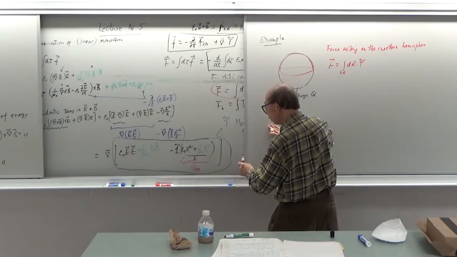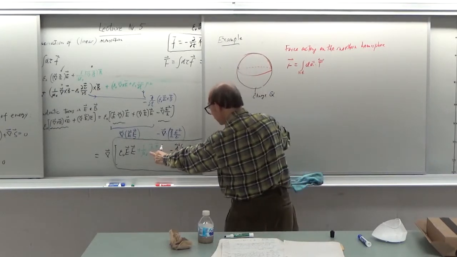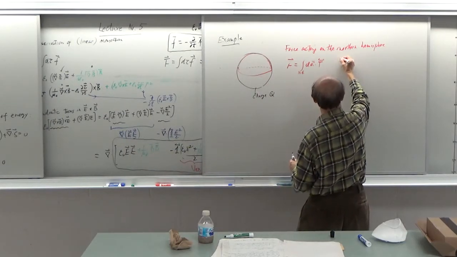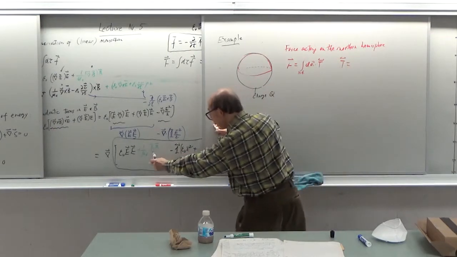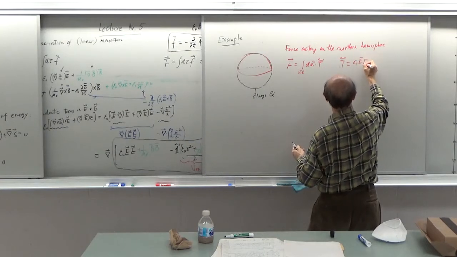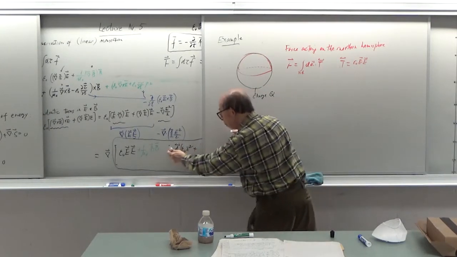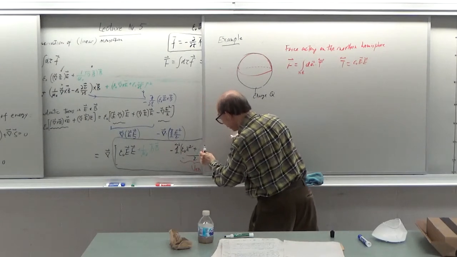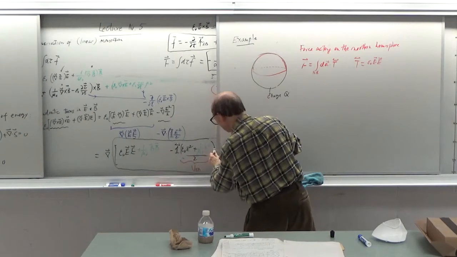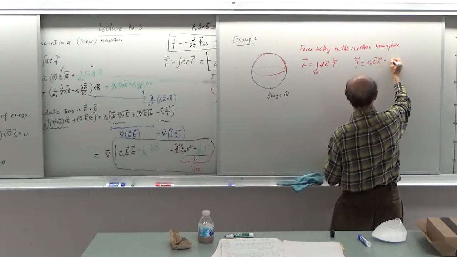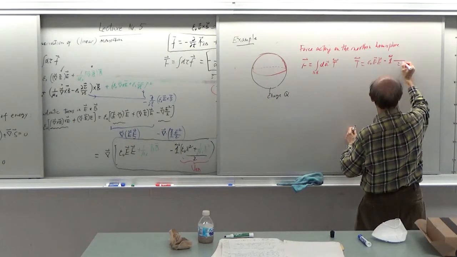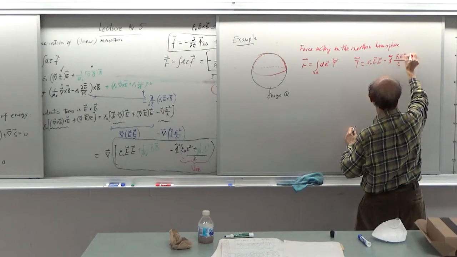And the stress tensor for this case is very simple. Namely, this stress tensor for this case is given by epsilon naught, B is zero, so that we're left with this term, minus the unit dyadic times one half of epsilon naught E squared.